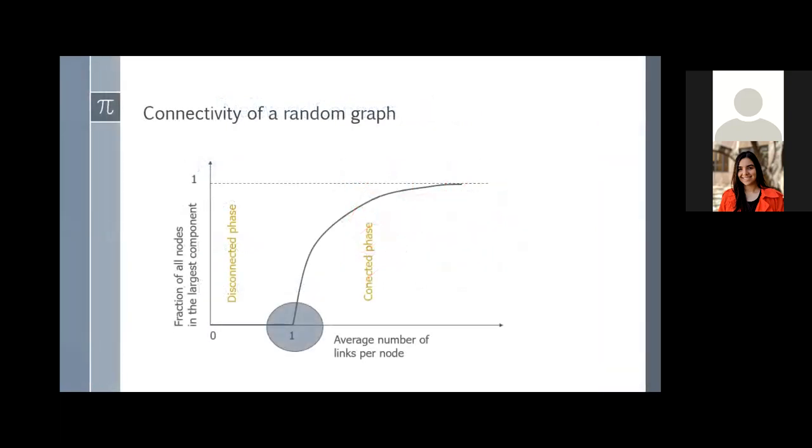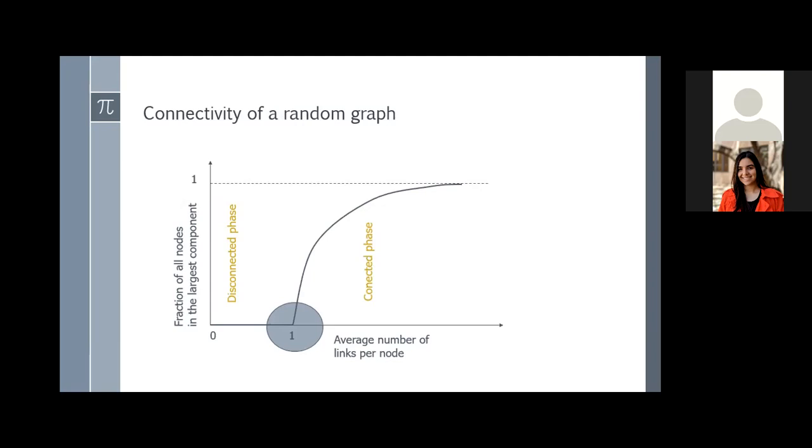So the general observation is that there is what physicists call a phase transition. Before, nodes were unconnected, but then after some critical value of the order parameter, as physicists would call it, something happens and a structure appears which incorporates all nodes in the graph. The order parameter here is the average number of links per node.